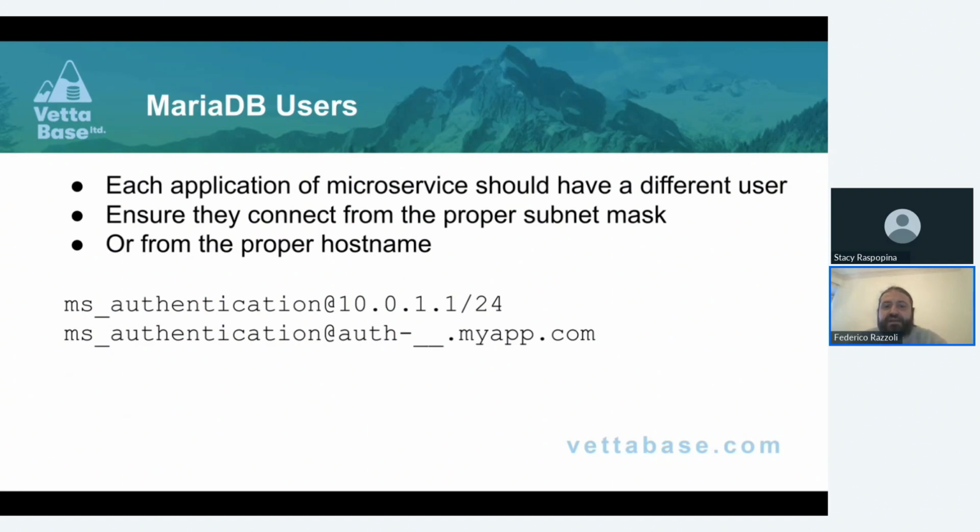Ensure that they can connect from the proper subnet mask or the proper host name, because in this way, again, you will reduce a lot the probability of a brute force attack. Even if I want to try to brute force the password, if I don't connect from this subnet or from this domain, I will not be able to do it.